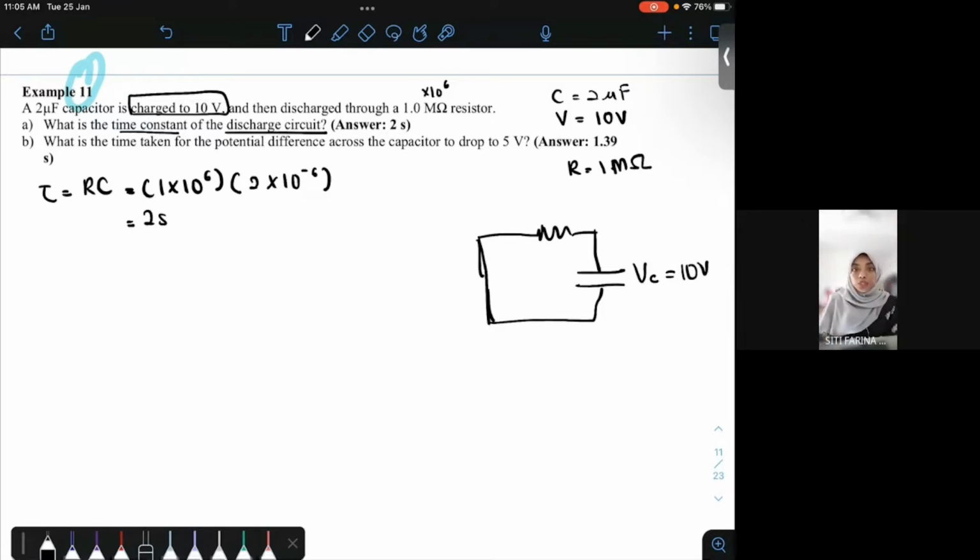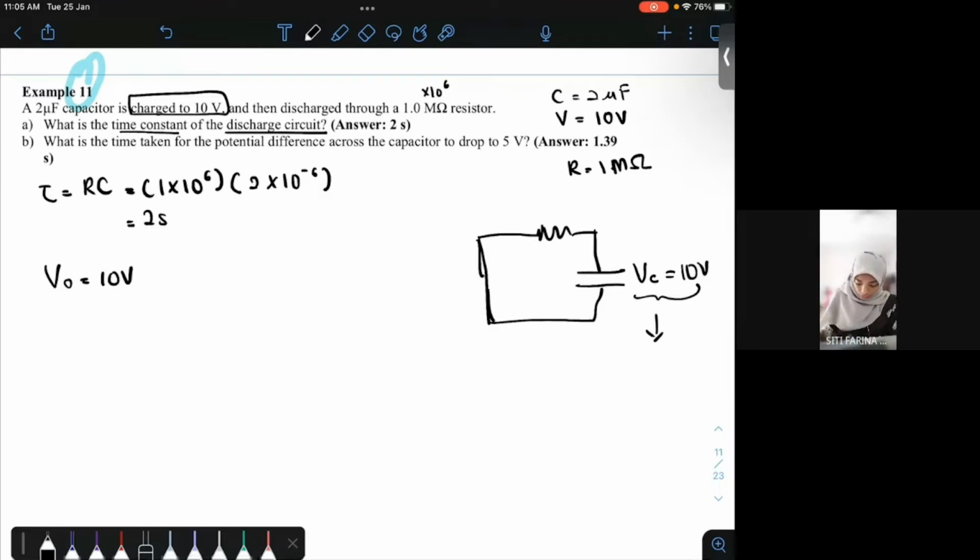Okay, so as we know sekarang, dia akan slowly discharge. So dalam proses slowly discharging ini, the potential across the capacitor is going to drop. Sebab ini adalah discharging. Dalam discharging, potential dan juga charge, dua-dua akan drop. Okay, kalau charging, dua-dua ni akan naik. Alright, so your initial ataupun maximum capacitor adalah 10 volt, kita guna V0, 10 volt.